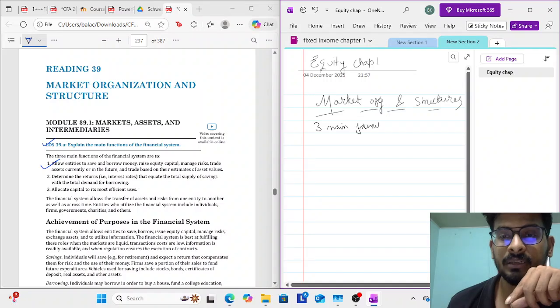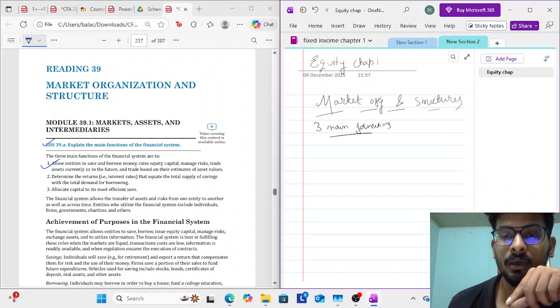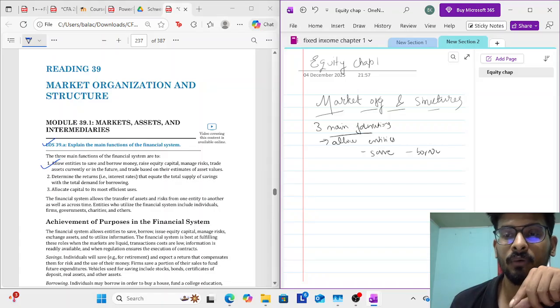Three main functions: allow entities to save, to borrow. Now what else? To save, to borrow, to raise money, to manage risk.